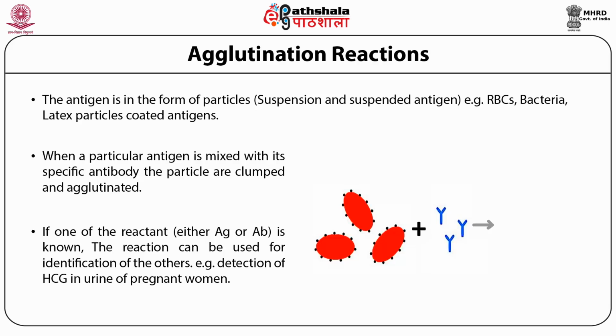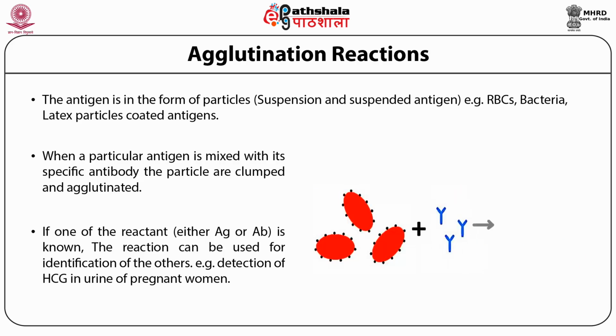There are a large number of methods available for measuring the concentration of antigen or antibody in the biological fluid. The first one is the agglutination reaction. In this case, the antigen is coated on conjugated particles, and these are RBC or bacteria or latex particles.